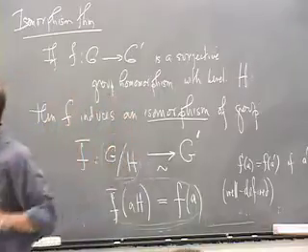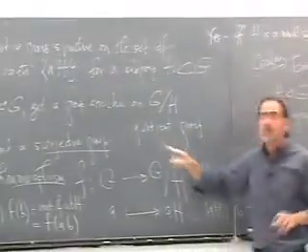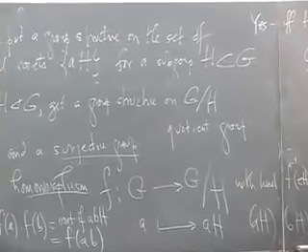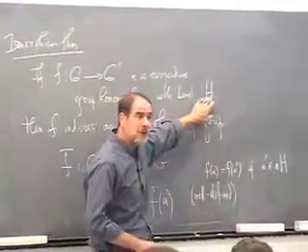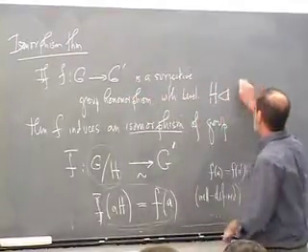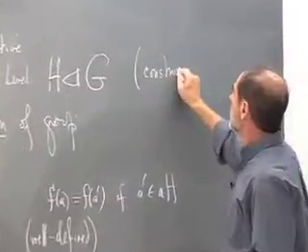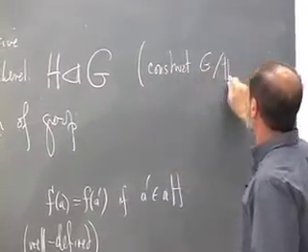We can define G mod H, a quotient group on G, for any subgroup that's normal. That's what we first checked. But the beautiful thing is that the kernel of any homomorphism is a normal subgroup. So from the fact that H is normal in G, I construct G mod H as a group.